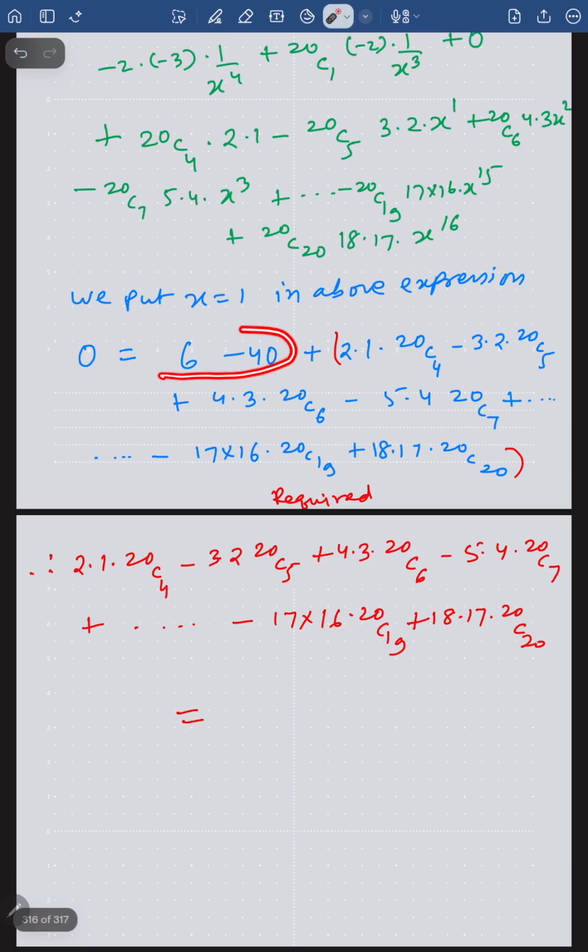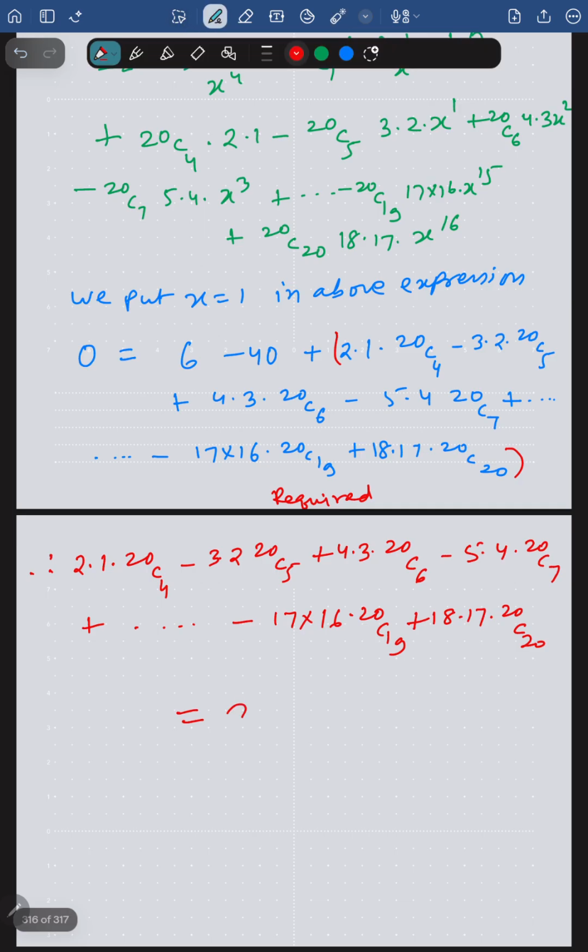This is 40 minus 6, because this will come to here, so plus 40 minus 6, so that is 34. Okay, sorry, 34. This is your answer.